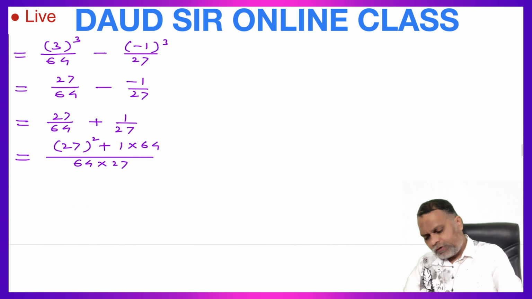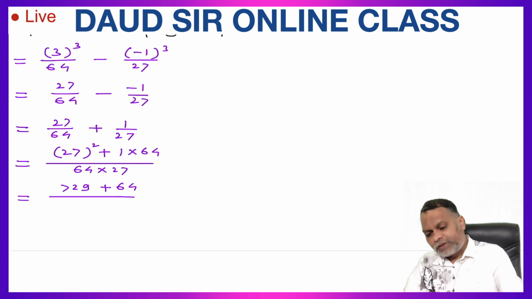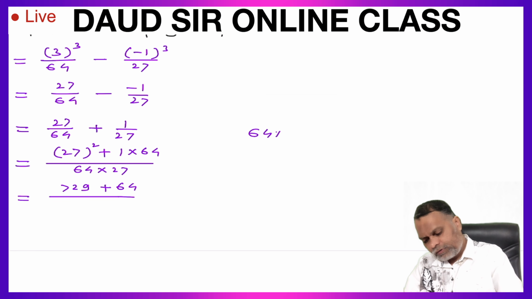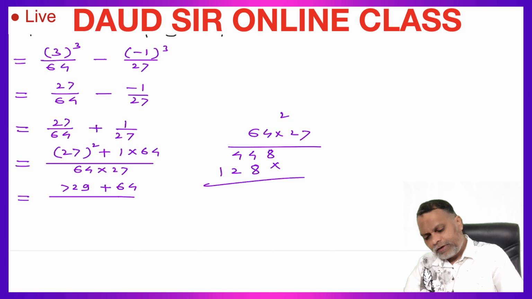Which is equal to (27² + 64)/(64 × 27), that is (729 + 64)/(64 × 27). Now 64 times 27: 7 fours are 28, 7 sixes are 42 plus 2 is 44, and so on, giving 1728.